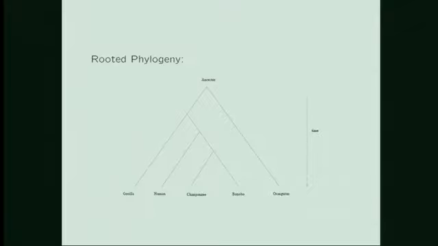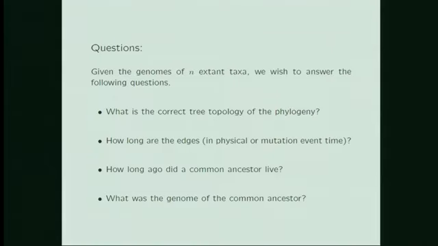But there are a number of questions that biologists would like to answer in this context. What we can observe is the extant species. So we have a lot of information about these. We can sequence their genomes, then we can align the genomes. We can find genes, for example, that have the same function.